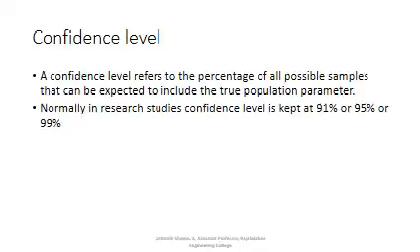And when you talk about confidence level, there is another thing that you need to know, that is level of significance. If our confidence level is 91 percentage, our level of significance is 9 percentage or 0.09. If our confidence level is 95 percentage, our level of significance is 5 percentage or 0.05.